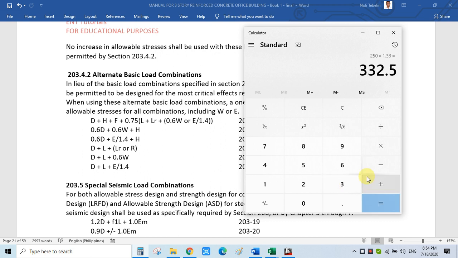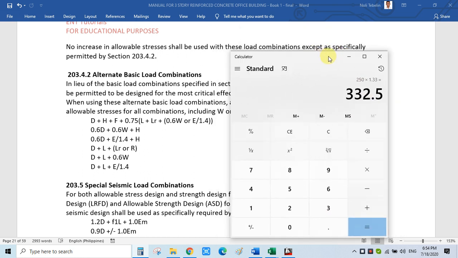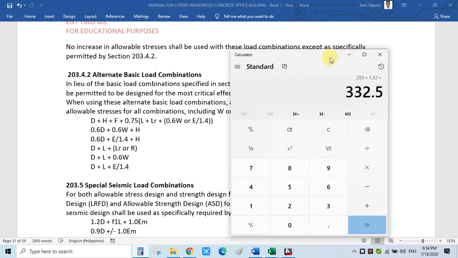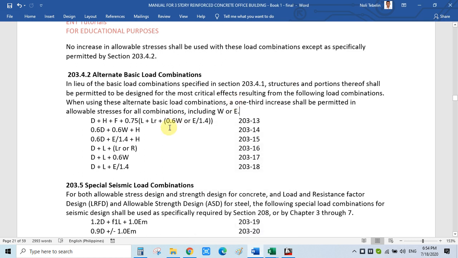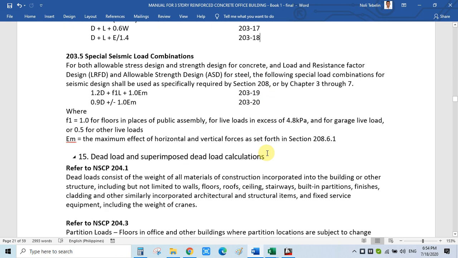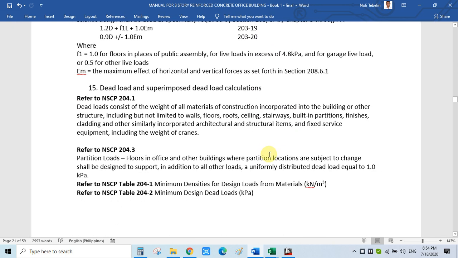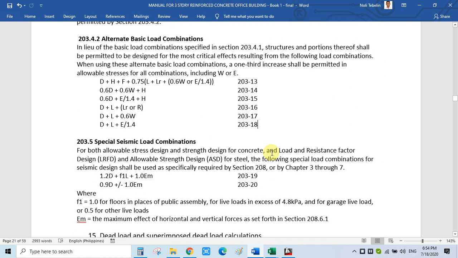So, this is the end of the part 1. So, sa part 2 is the modeling of 3-story office building. And sa part 3, after ng modeling sa part 2, we will use these load combinations. We will apply these combinations in the model.